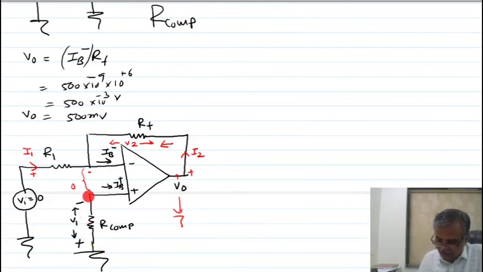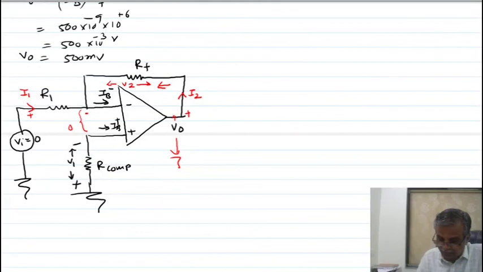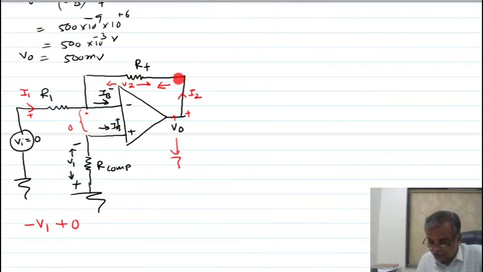While you are going from positive to negative sign, in your equation you will write minus V1. From this point to this, 0. From this to this, minus V1. Here to here, 0. From this point to this point, current is coming in this direction, so you are going from minus to positive.